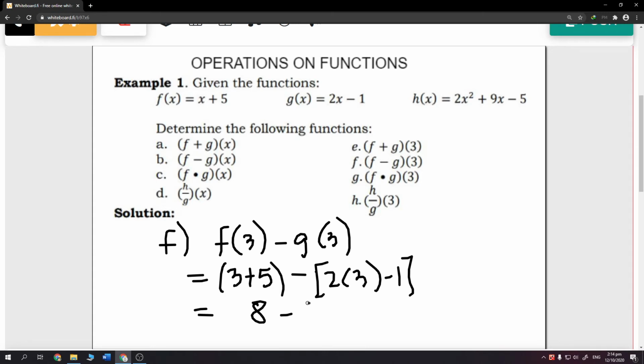Then we have 2 times 3 is 6 minus 1 is 5. Then 8 minus 5 is 3. So the answer is 3. That is the answer for letter F.